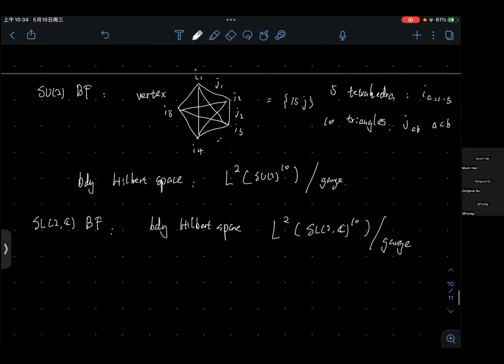So namely, for the boundary data, there are 5 tetrahedra, so now there are SL2C intertwiners.